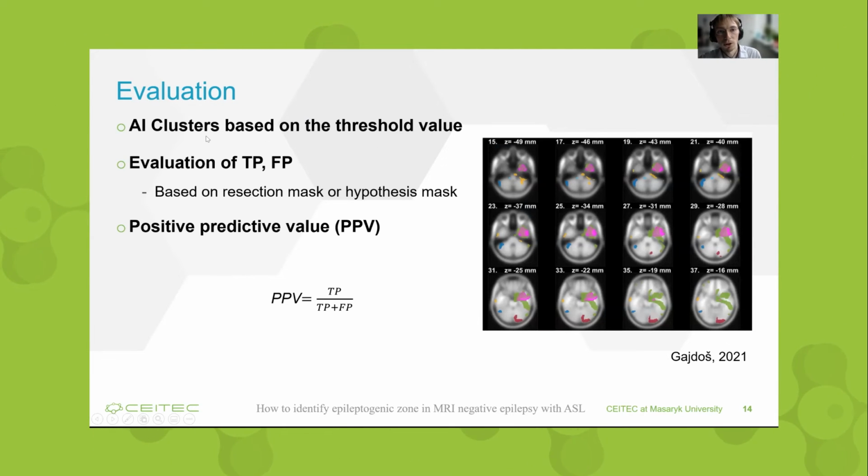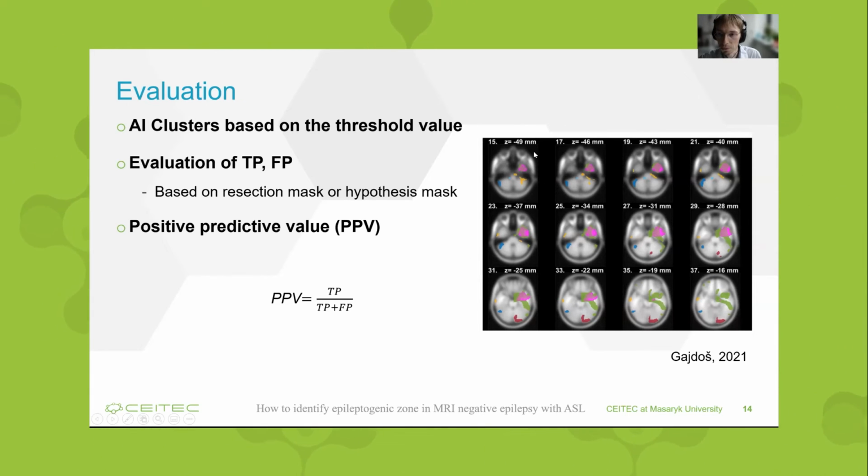Based on these thresholds, we get clusters and evaluated true positive and false positive rates based on the resection mask and the hypothesis mask. We also evaluated positive predictive value. This was the most important metric for us.